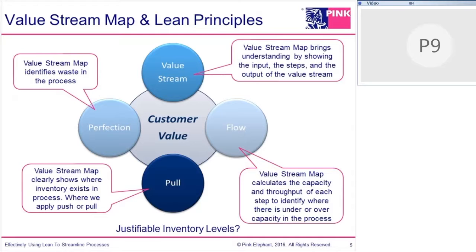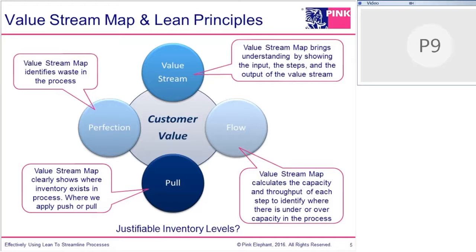So in the words of Lean, that change management process is a value stream. It's a process which by its nature is designed to produce value for the customer. So it's a value stream, a stream of different elements, different parts, different pieces.